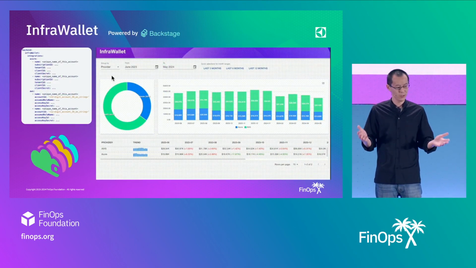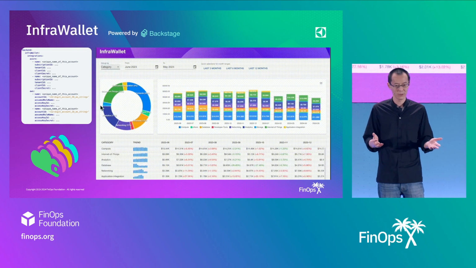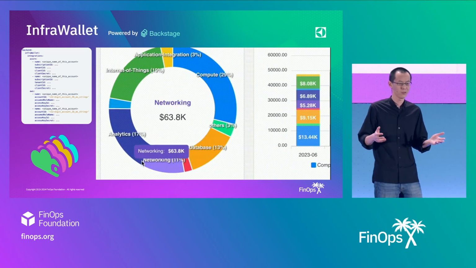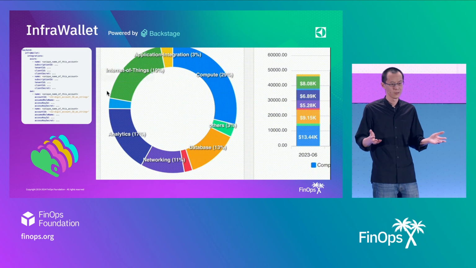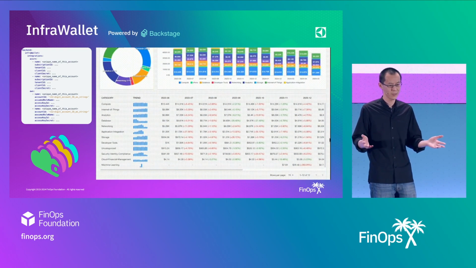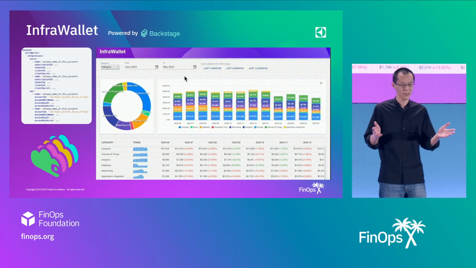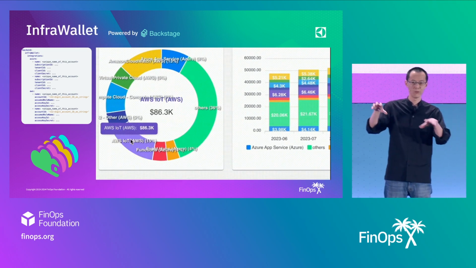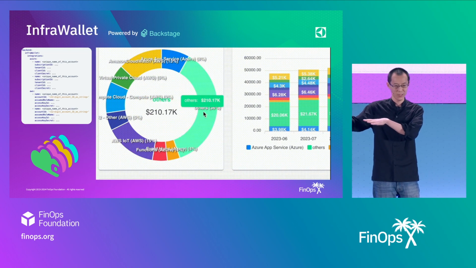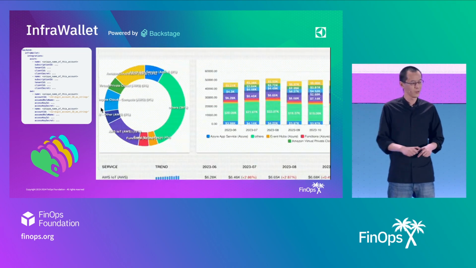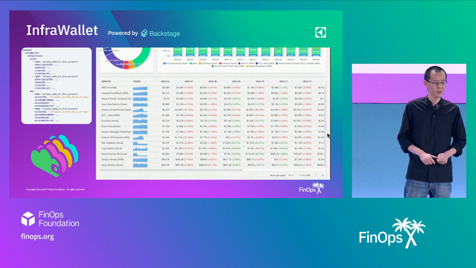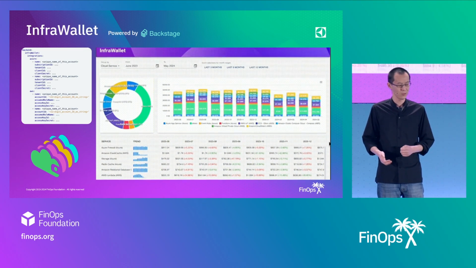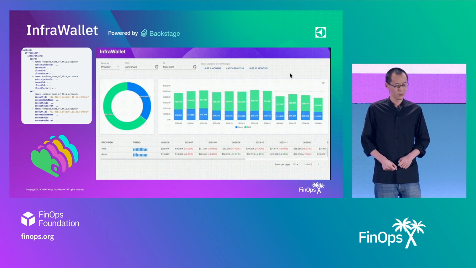And we realized that, okay, since our developers already use this every day, we can also build a plugin, and then that means they are able to see not only their infrastructure resources, but meanwhile they can also see the cost side with their infrastructure. And this is the prototype that we built internally about 2 years ago.